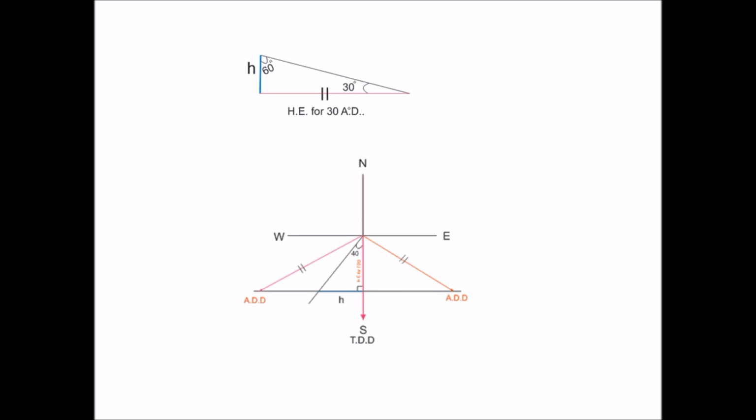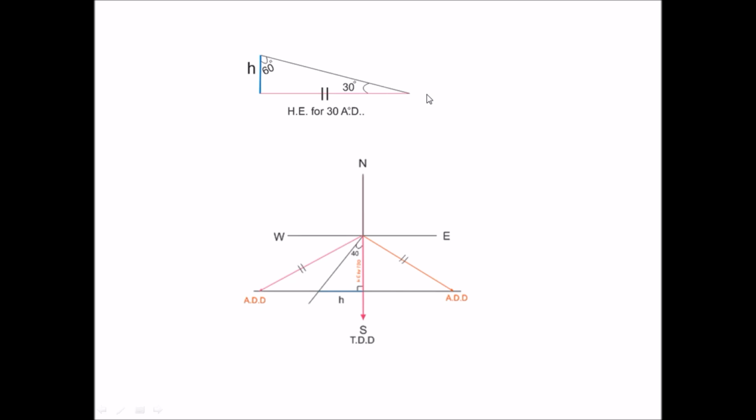So for 30 degrees you can see that the amount of horizontal equivalent is this distance, and naturally this distance would be more than the HE for the true dip, because for true dip the amount was 40 degrees, and since the amount has decreased, naturally the HE would increase.